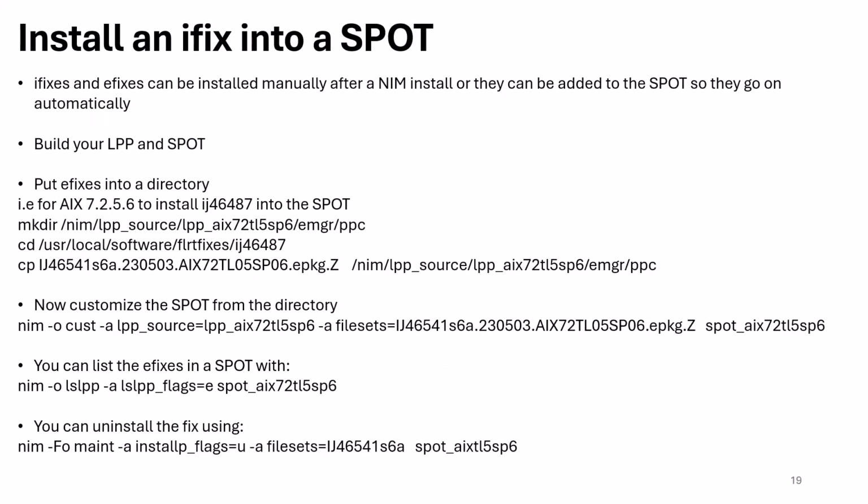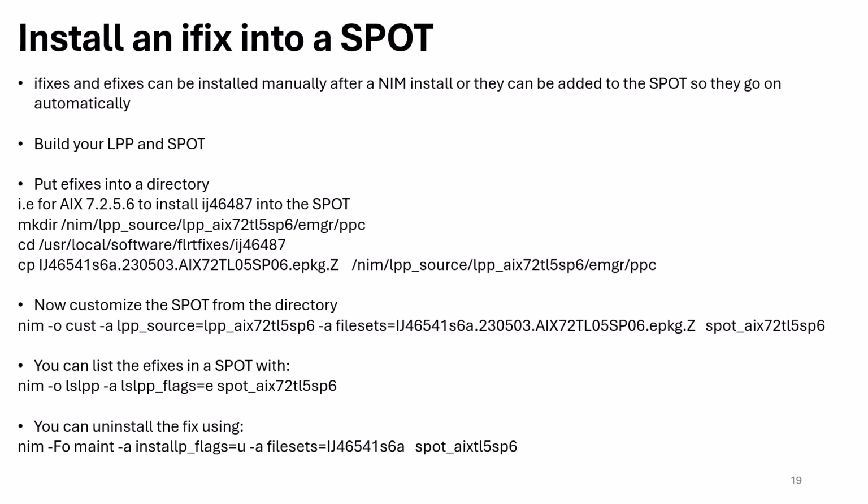So typically there are a number of iFixes and eFixes that get installed on a system using eManager or similar. Those can be installed manually after a NIM install, or they can be added to the SPOT so they go on automatically. So after you build your LPP and SPOT, you put your eFixes into a directory. Using the example for 7256, I wanted to install IJ46487. I went into my NIM file system, into the LPP source for the specific LPP.